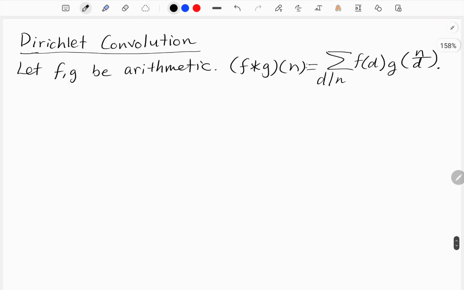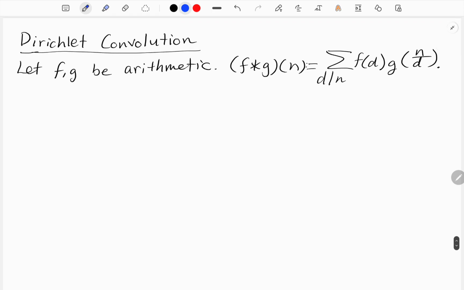So let's tackle some theorems. So the first theorem is that if you have two multiplicative functions, so if f and g are multiplicative, then what does this imply?